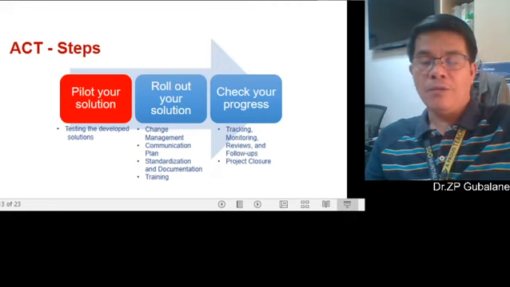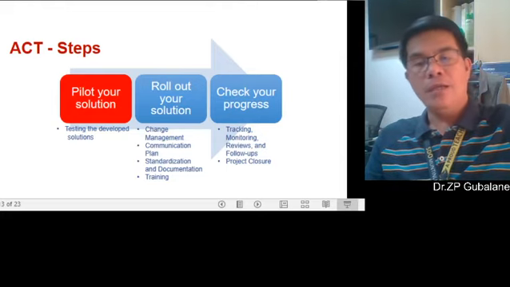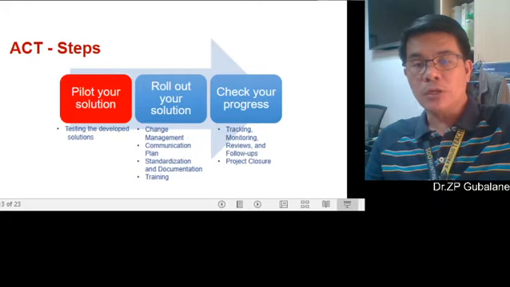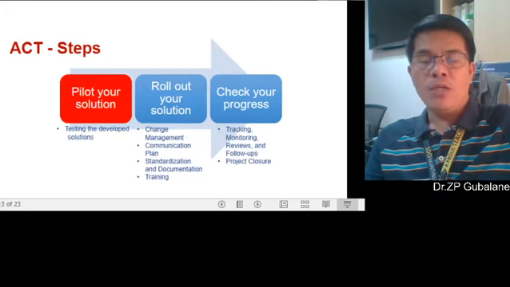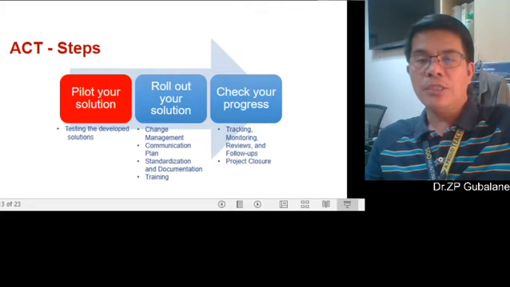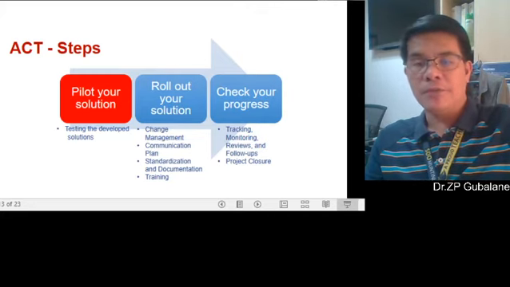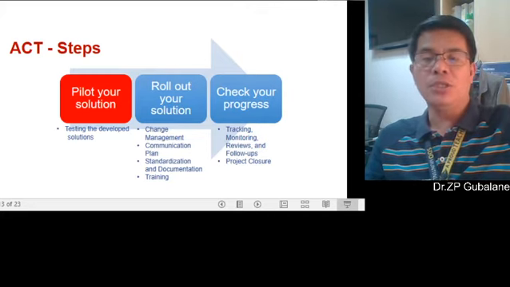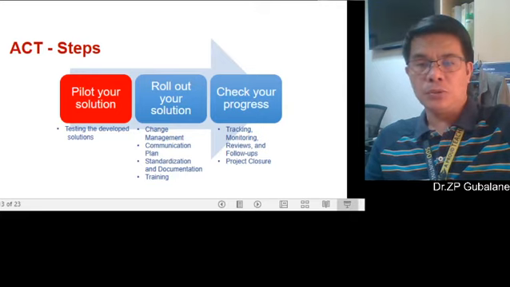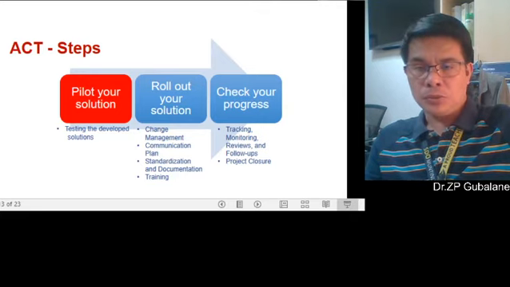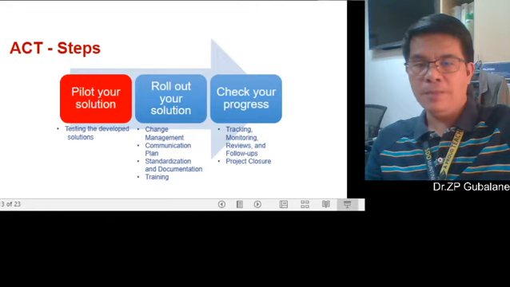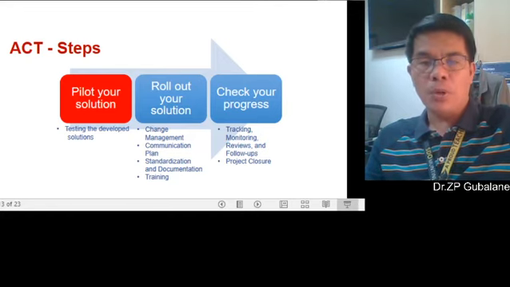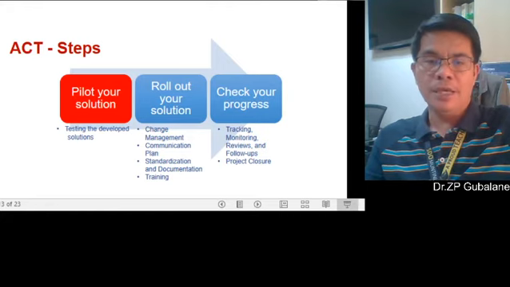Okay, the third A is about act. Now we have the data, we assess the data, and then we look into the root causes of the problems. And now we have the opportunity of creating different interventions, solutions, to answer those problems, and our solutions, of course, are in the form of programs, projects, and activities.